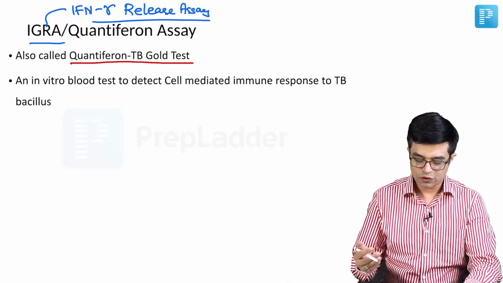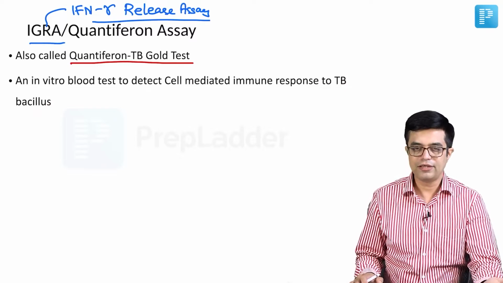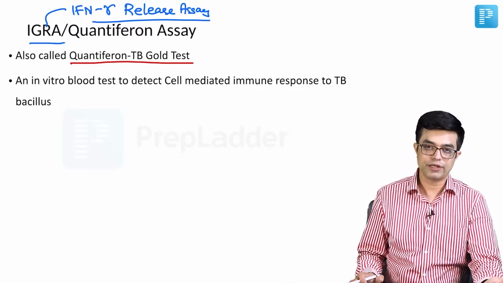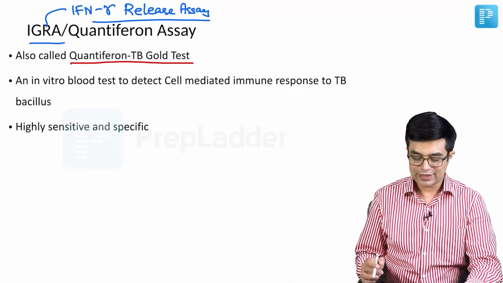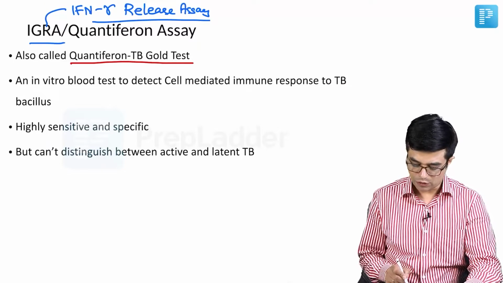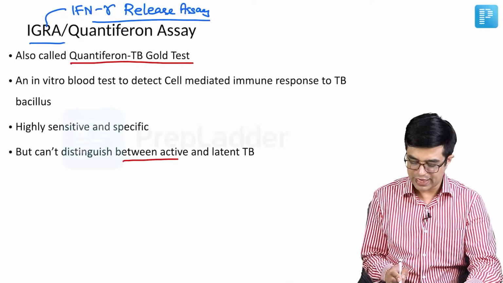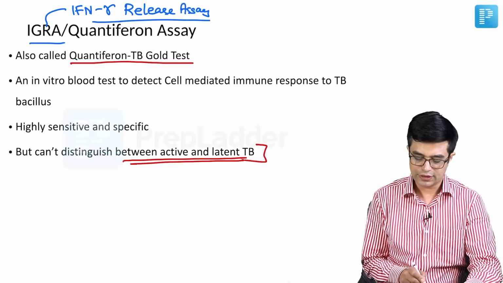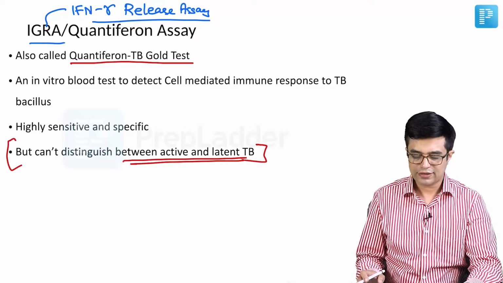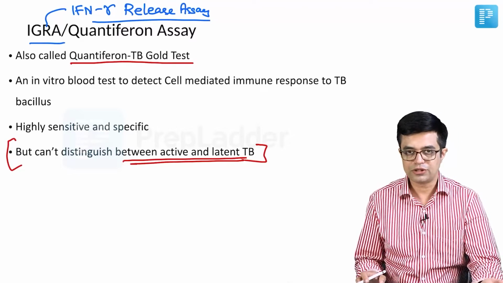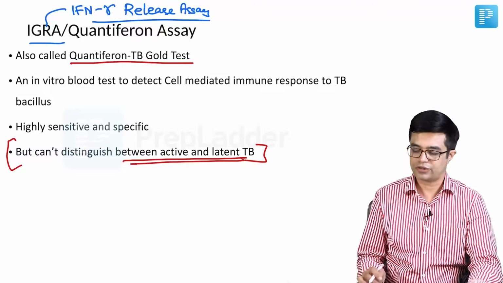It is specific for tubercular bacilli, and so you can easily rule out the other non-tubercular infections. It is a highly sensitive and specific test, but the problem is it cannot distinguish between active and latent tuberculosis. So, the IGRA test has now been validated for use in children as a supportive investigation.